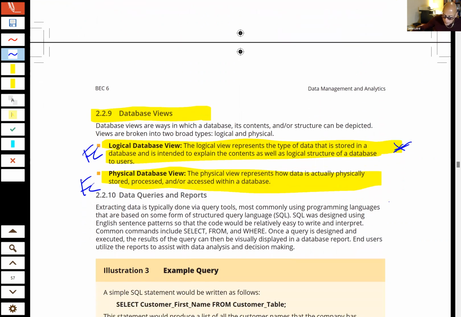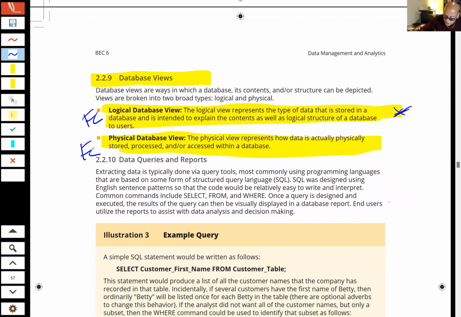And then extracting data is typically done via query tools, and we're going to start to talk about some of these in a minute. Most commonly using a programming language that is structured query language, SQL. What's interesting about SQL is that it supposedly, better you than me, uses easy to understand commands so that you can set up these queries using words instead of code.